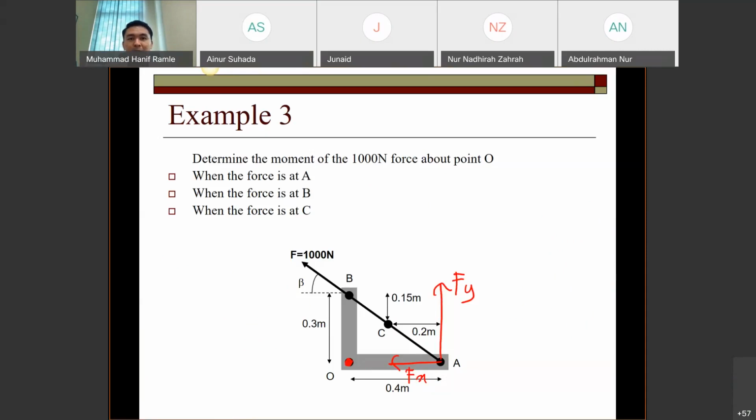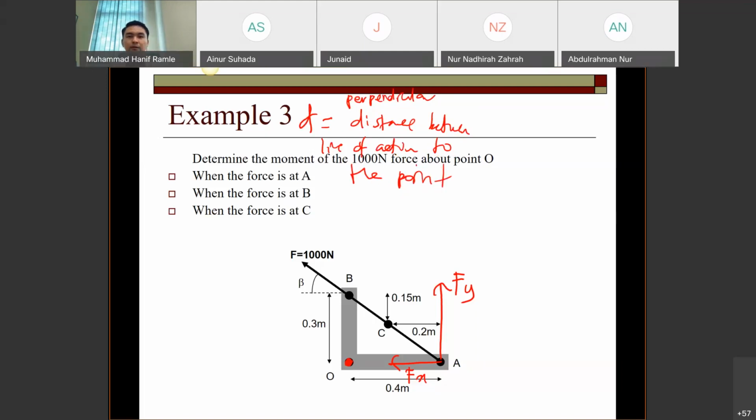You have to understand the distance. The distance must be perpendicular to the line of action, from the line of action to the point. This is the definition of D: perpendicular distance between the line of action and the point.